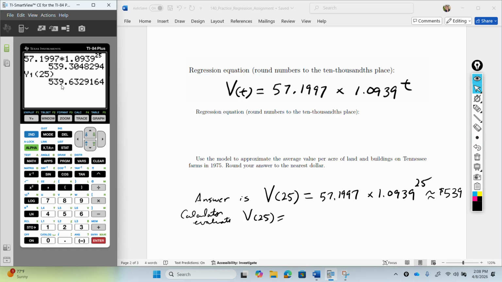This second one, that 0.6 is going to make it 540. The department will accept either answer, but you must give your answer as a complete sentence, which is what they want.